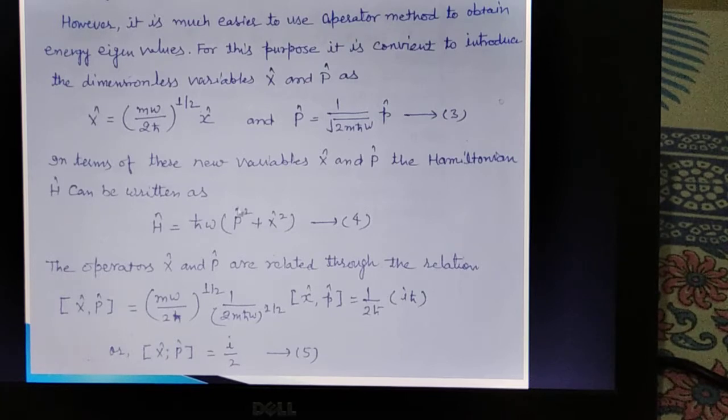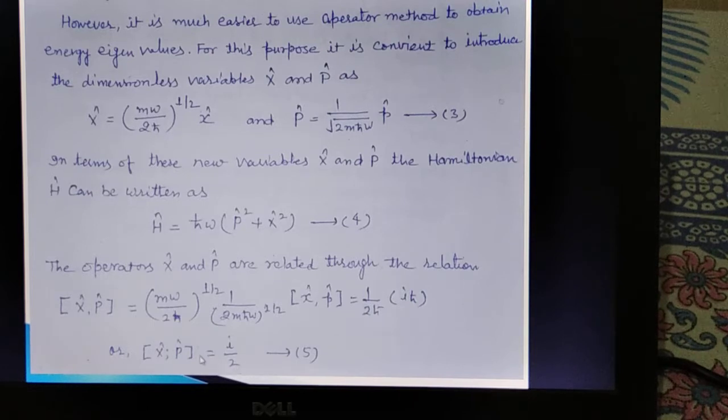These new operators X and P also follow a commutation relation. Here, the commutator of small x and small p is equal to i h cross, and then we see that the commutation relation for capital X and capital P is equal to i by 2.